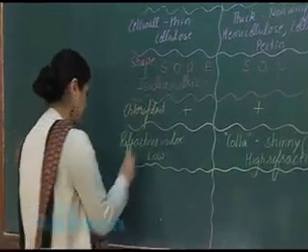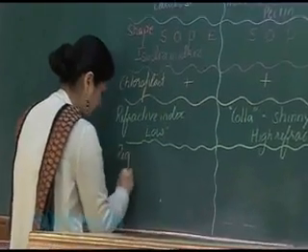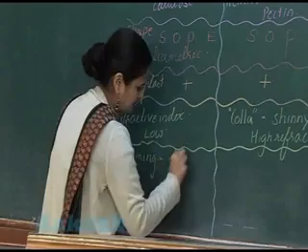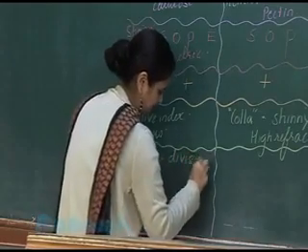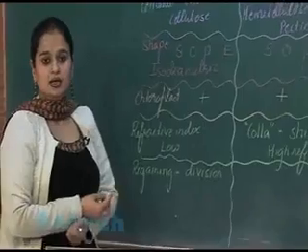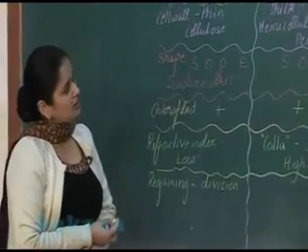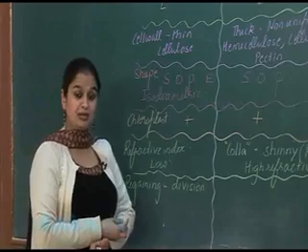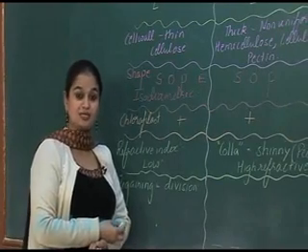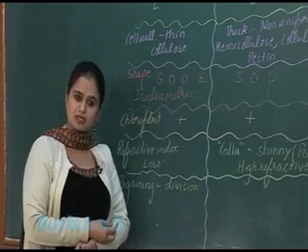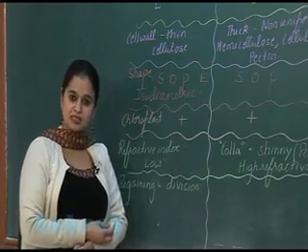Now the next feature, regaining the capacity of division. All these three are permanent tissue, that is, the capacity of division has been lost. They have lost the capacity.